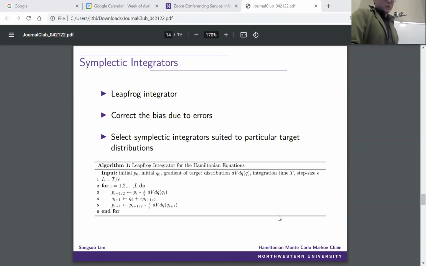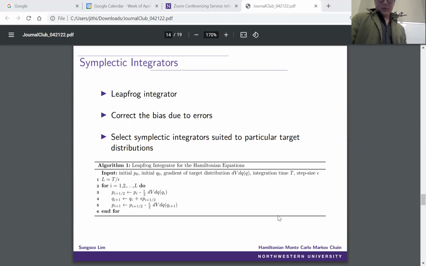With this algorithm, it is pretty problem specific, so there are three main things that people have to tune for particular target distributions. One of them is the choice of the integrator.